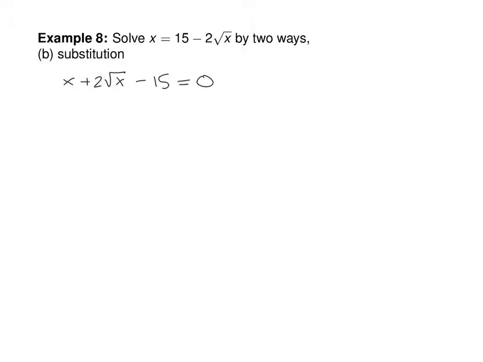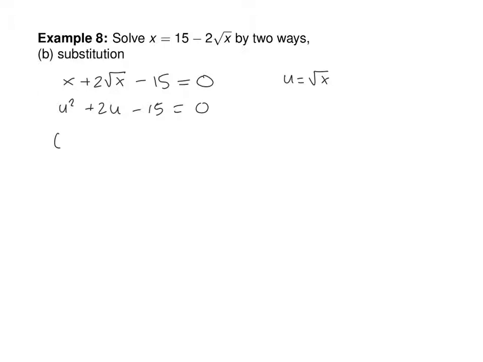So what we can do is make that substitution u for square root of x. And so then that first x is u squared, right? A square root squared makes x. Plus 2u minus 15. And compare that to the previous factoring problem. Which one is harder? The last one. This one's a lot easier, isn't it?